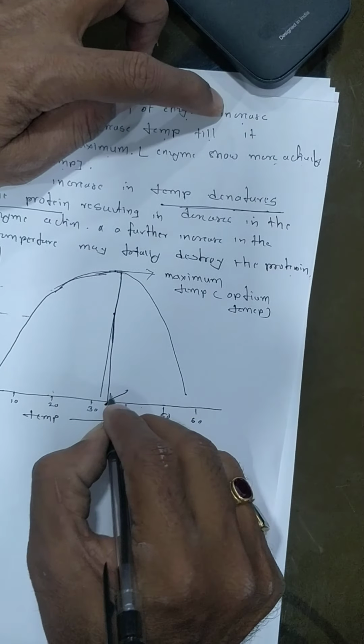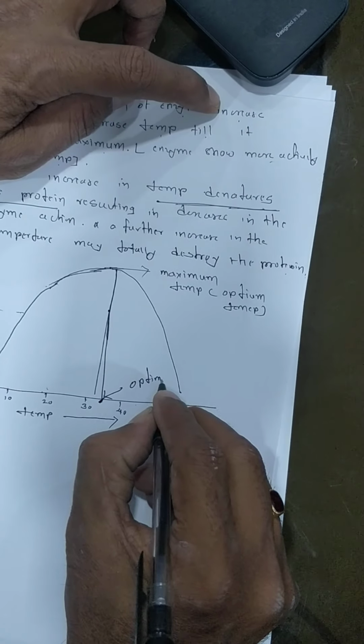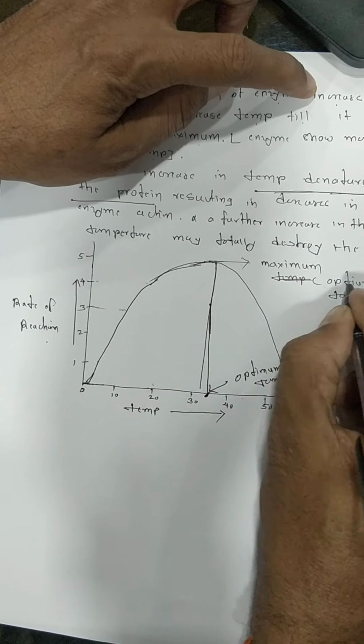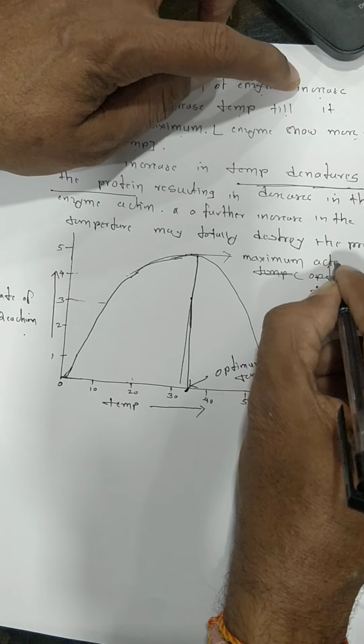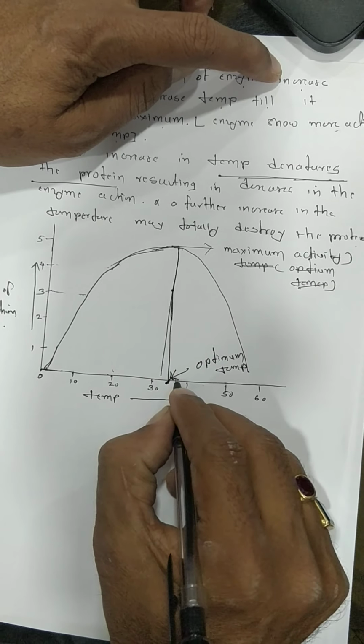That temperature is called the optimum temperature. Here the enzyme shows its maximum activity.